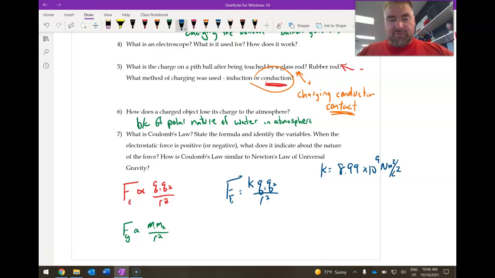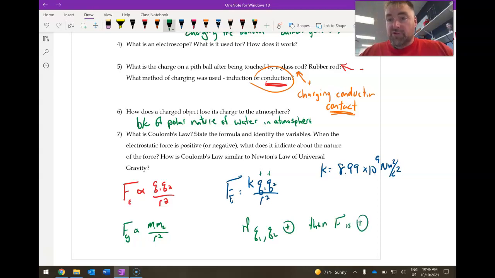Now, if you use the positives and negatives, if you have two charges that are both positives, that's going to give you a positive force. So if Q1 and Q2 are both positive, then F is positive.